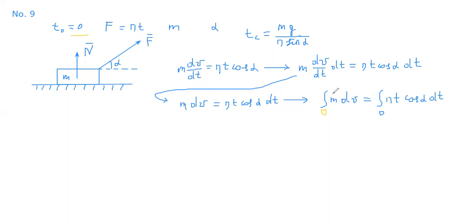And for the upper integral limit, we have to write some moment of time and some value of velocity. And what do we need more?